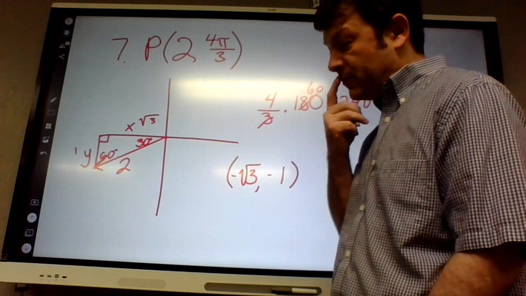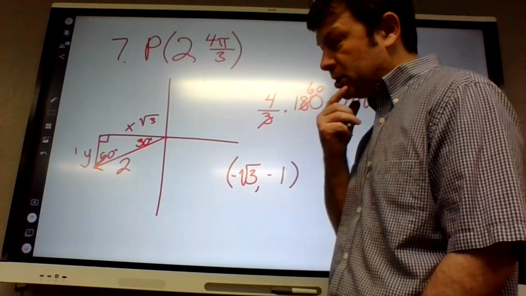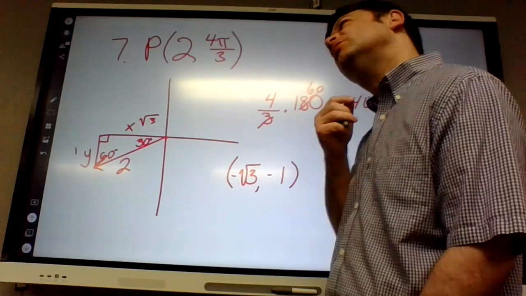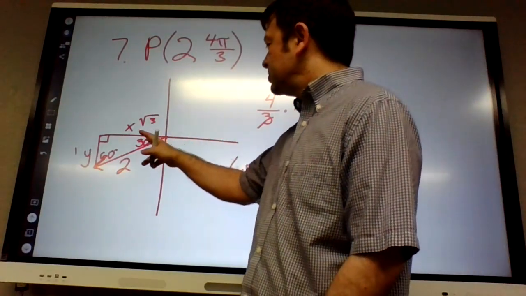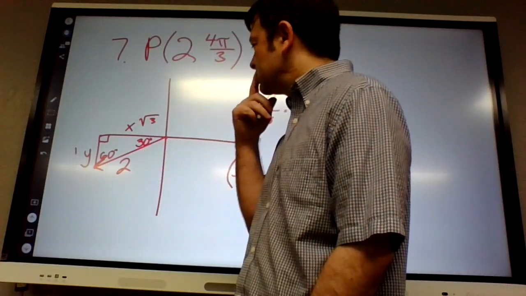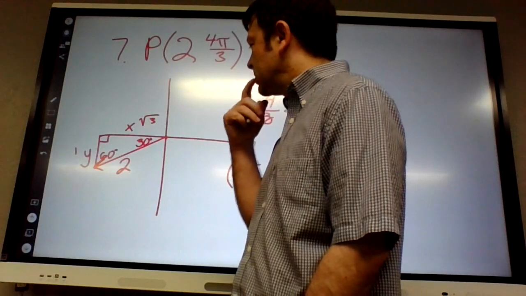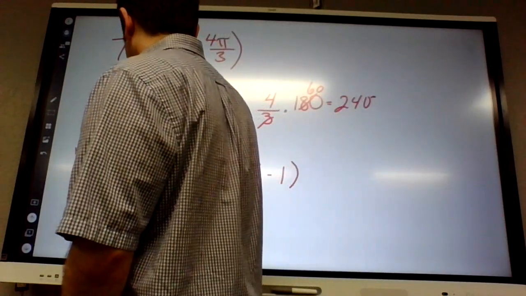Why would it be negative 1 and negative square root of 3? It's like this would be the 60. This is the triangle.